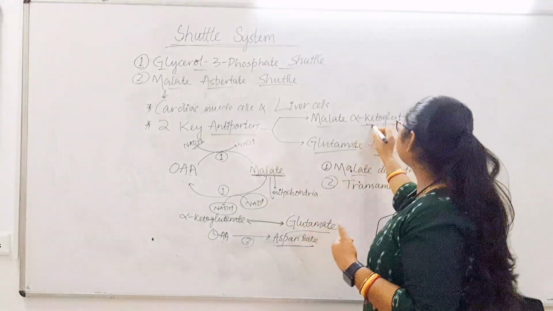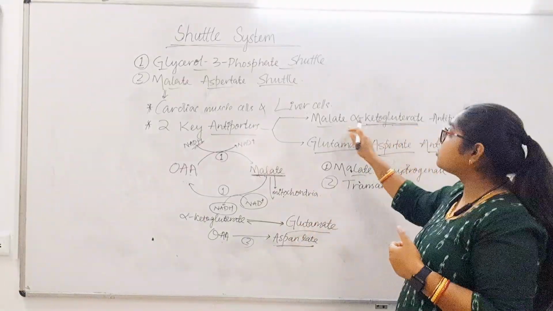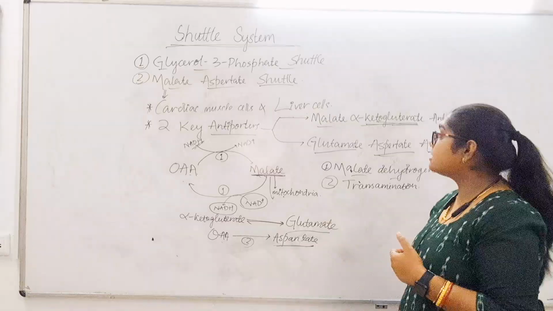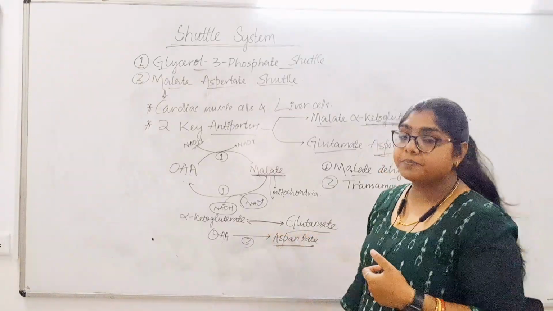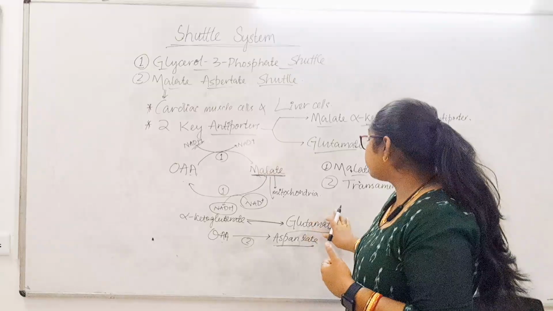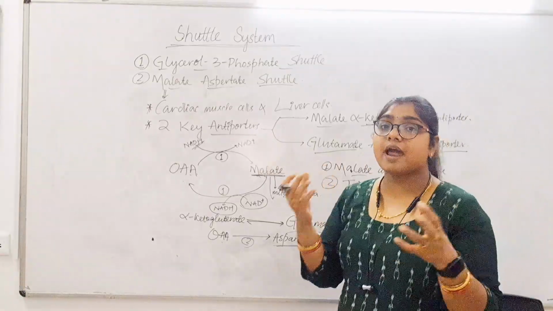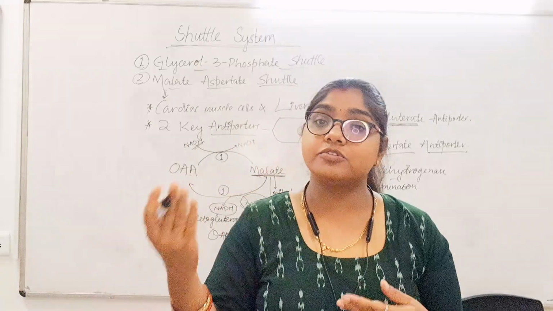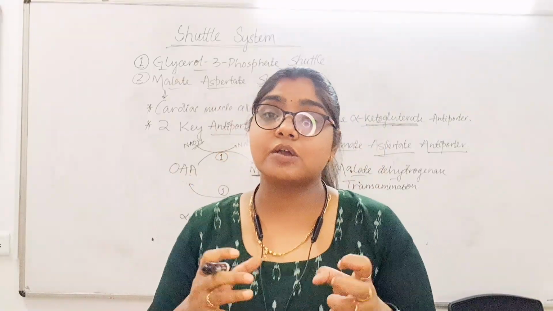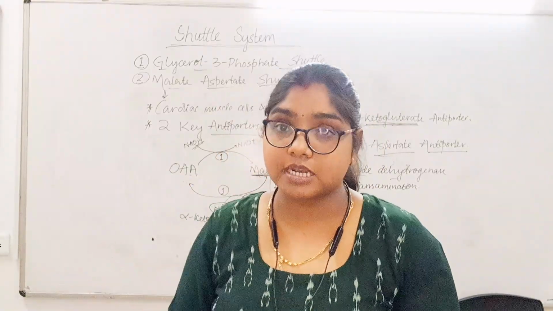Alpha ketoglutarate, the antiporter partner of this malate aspartate shuttle, will convert to glutamate. Now this glutamate and aspartate act as an antiporter, and they go back to the cytosol. So that is the whole shuttle system, two types of shuttle system.